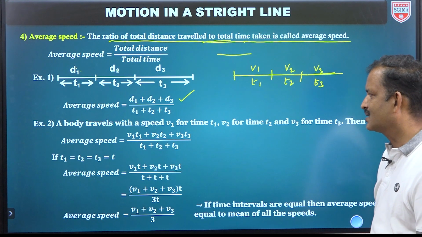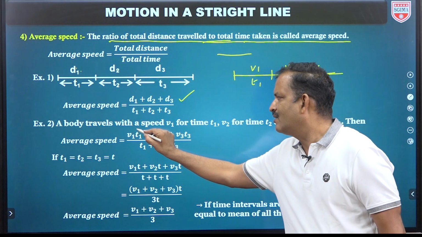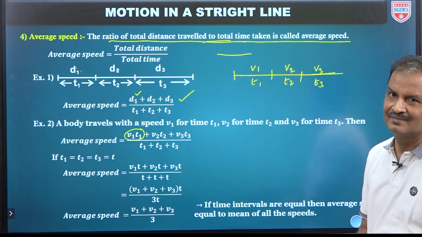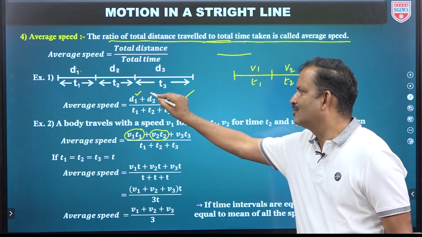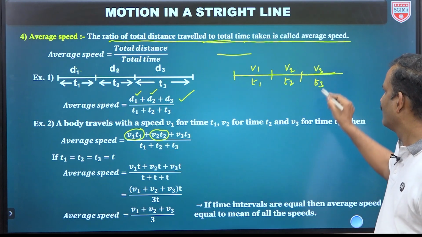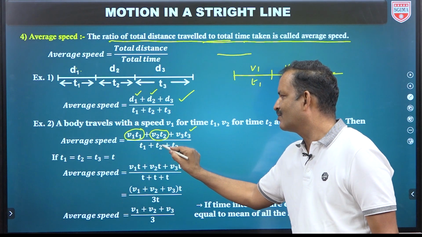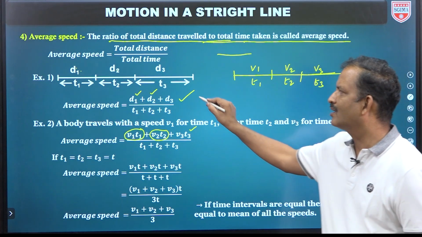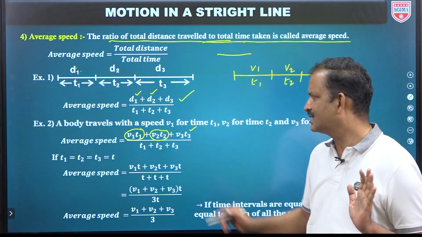Then average speed: v1 into t1 is d1, v2 into t2 is d2, v3 into t3 is d3, by total time t1 plus t2 plus t3. So the actual formula is average speed is total distance by total time. That is the fixed formula.